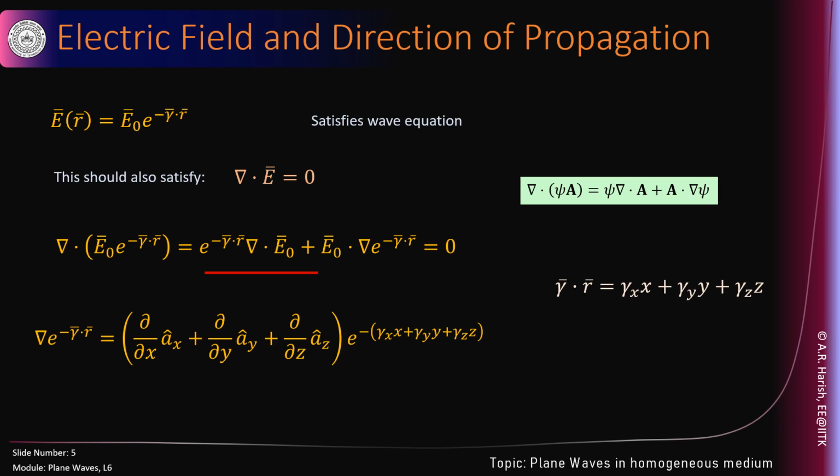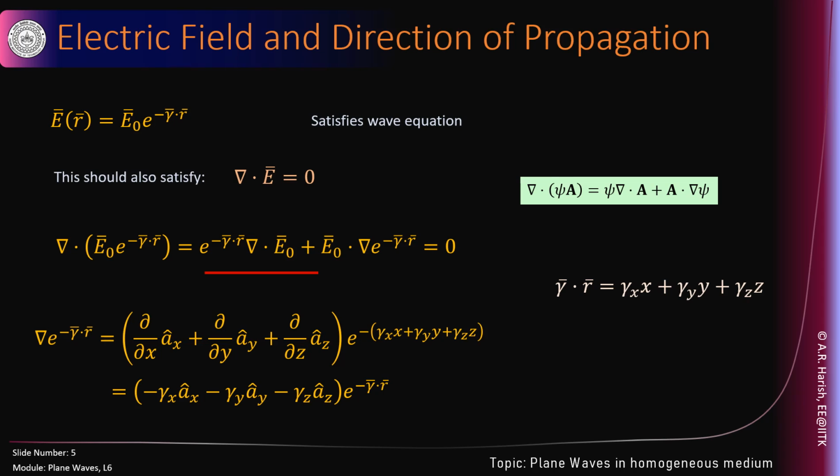Gamma. Gradient: del is del by del x ax cap plus del by del y ay cap plus del by del z az cap. That's straightforward. Gamma dot r is gamma x x plus gamma y y plus gamma z z. That's easy. Now you perform the derivative. If you differentiate with respect to x, you get minus gamma x e to the power of minus gamma x x plus gamma y y plus gamma z z, and the derivative with respect to y will give me minus gamma y, the derivative with respect to z will give me minus gamma z.